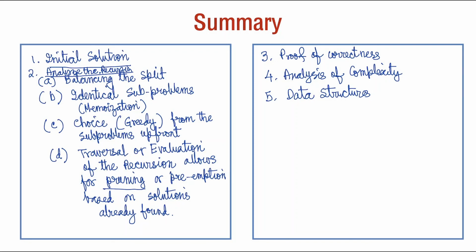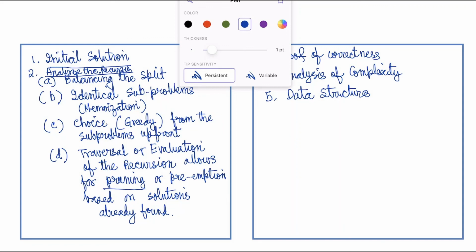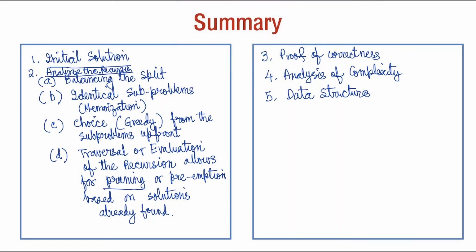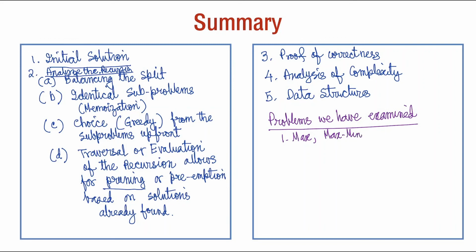This gives us a summary which we have seen through the following problems that we have done. The problems that we have done till now: the max problem, the max min problem, the max 1, max 2 problem.